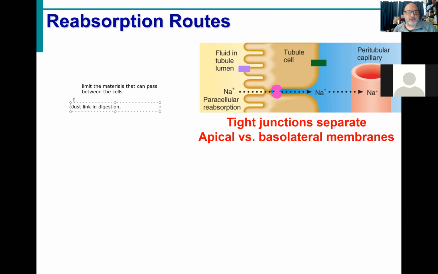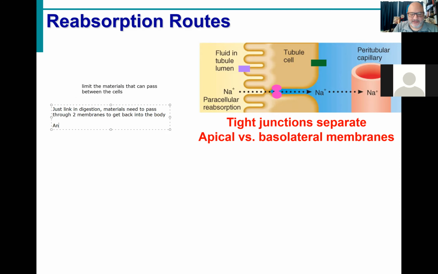our materials, water and solutes, need to pass through two membranes. And as they pass through those two membranes, they are going to be able to get back into the body, right?